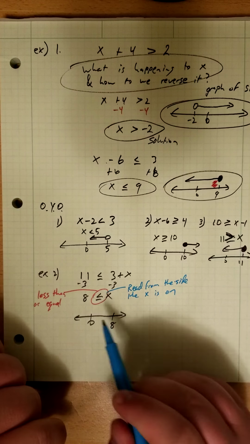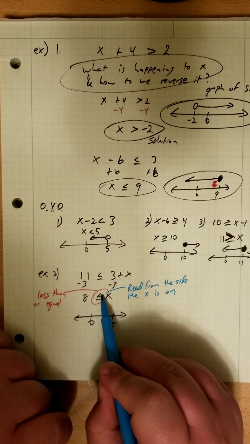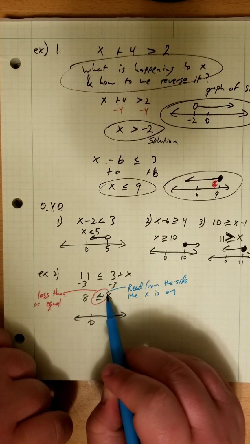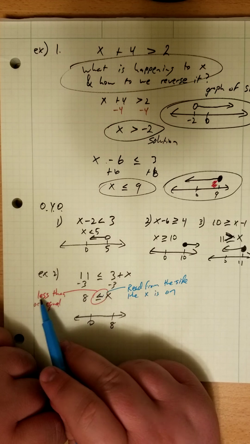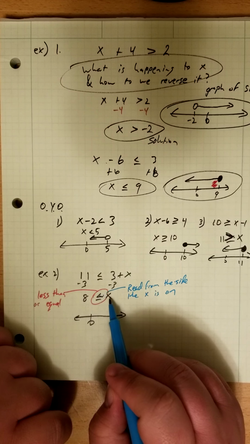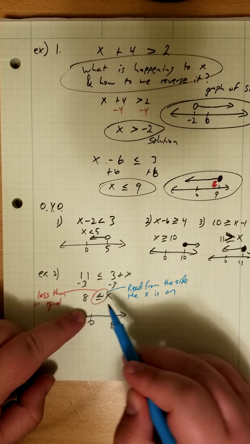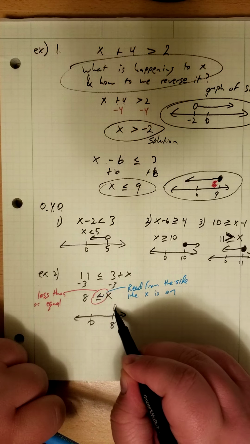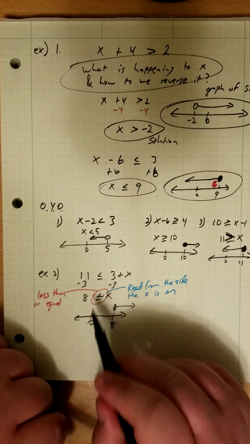So right here, the x is the larger. See how the larger portion of this symbol is facing towards it? It's saying that x is larger than this 8. This should be read as less than or equal. 8 is less than or equal to x. But you should read it from the side that the x is on. So x is greater than or equal to 8. Those are the numbers that are solutions for this inequality.